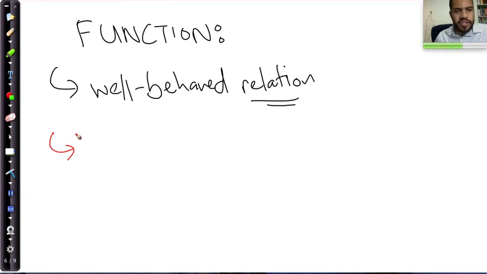Okay, so I'm going to give an actual definition here. A function, firstly, is a well-behaved relation.